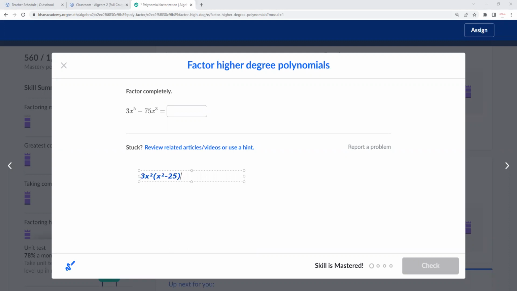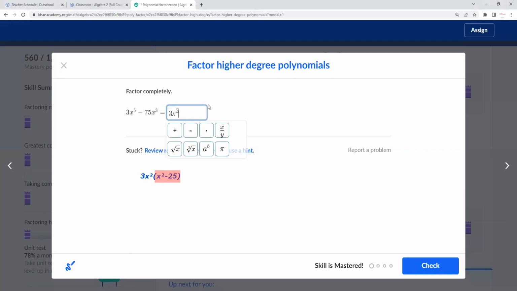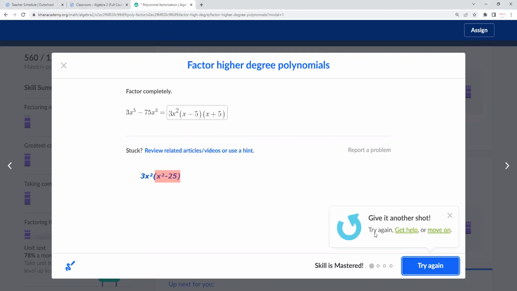So now this is the difference of two squares right here. What's the square root of x squared? x. So sorry, let me type in my answer. I took out my GCF, always take out a GCF. The square root of x squared is x. The square root of 25 is 5. x minus 5, x plus 5. Or you can do x plus 5, x minus 5, same thing. If you were to multiply this out, you would get right back to where you started.